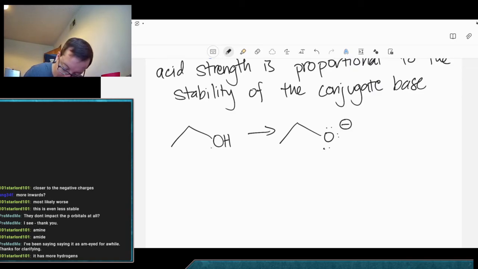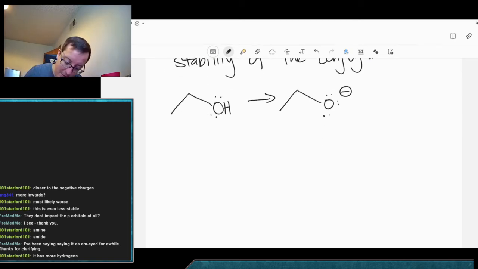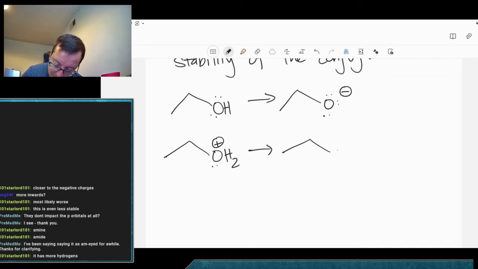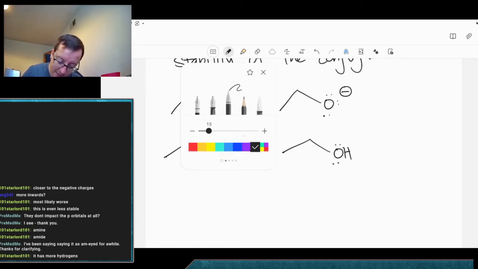So we had two lone pairs, neutral oxygen. We now have a negatively charged oxygen there. If we start with our cationic form and we remove a proton, we end up with this. So these are our conjugate bases here.